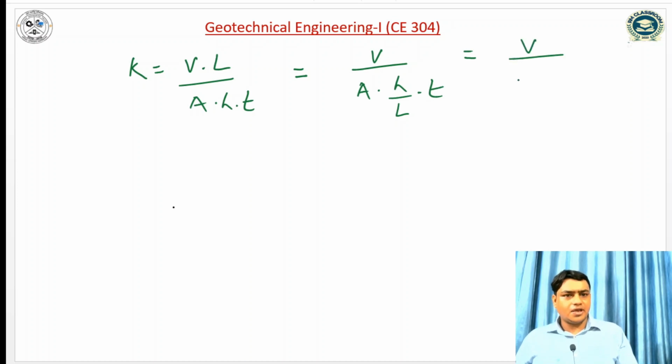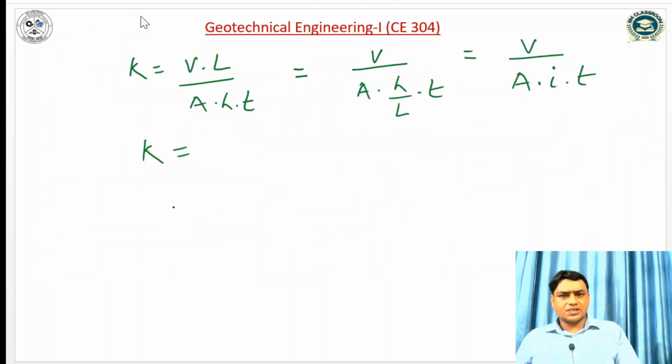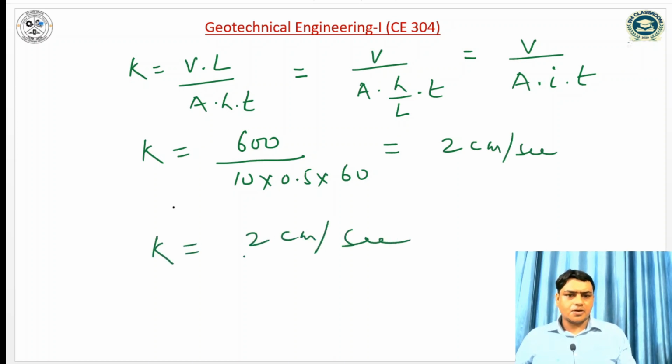So we can write V by A into i into T. Now everything is given. Volume is 600 cubic centimeter. So 600 divided by area 10 centimeter square into 0.5 into 60. So it will be 2 centimeter per second. So the coefficient of permeability of the soil is 2 centimeter per second.